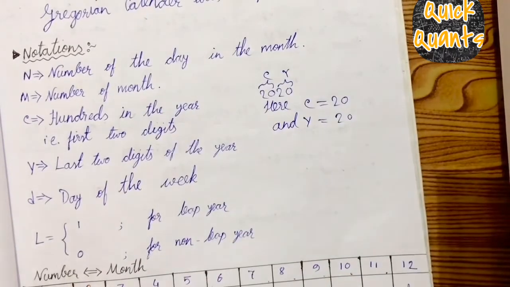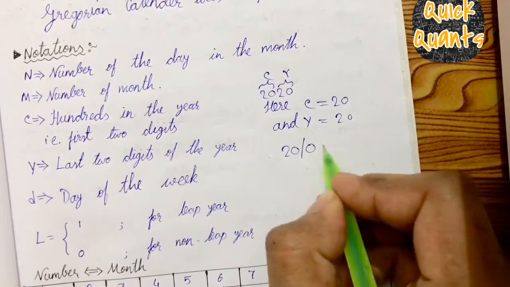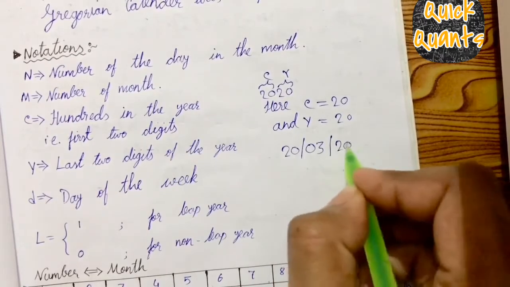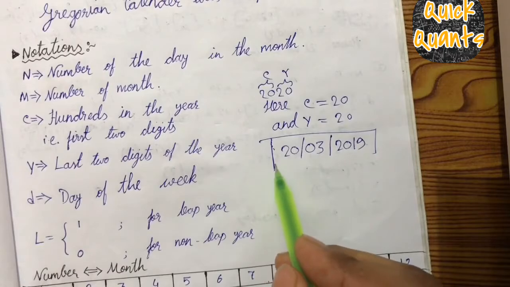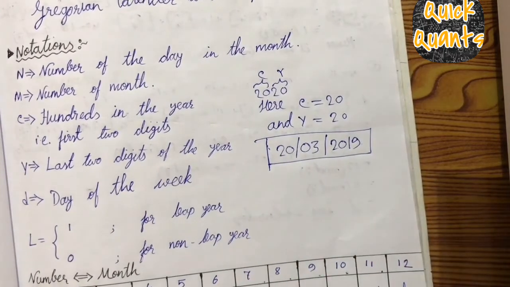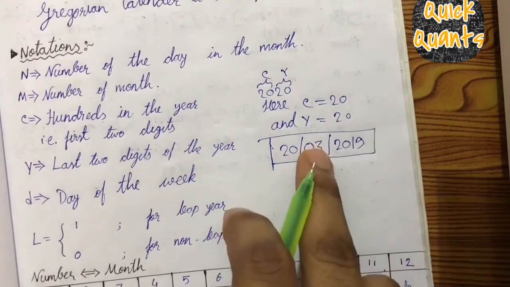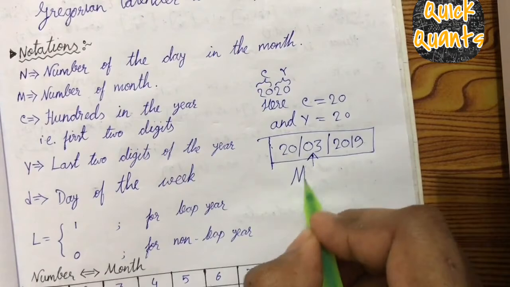Let's take another example: 20/03/2019. This is how we usually write the date, but here the 3 is March.